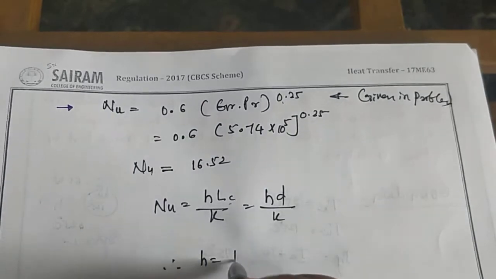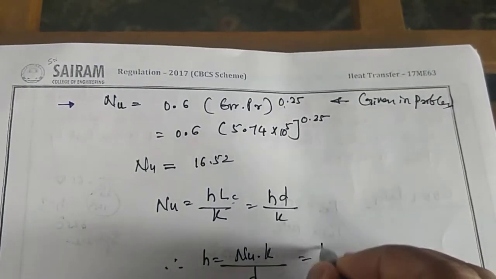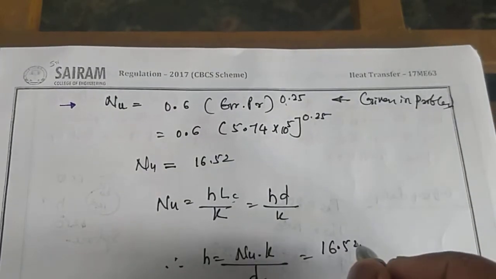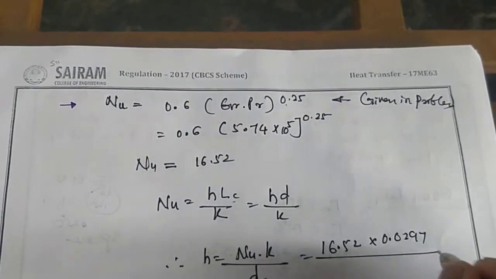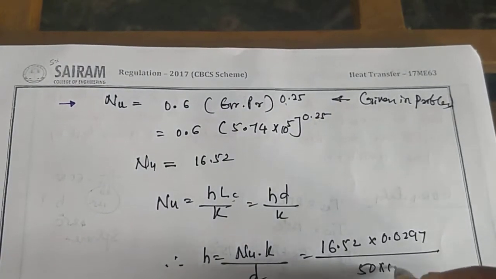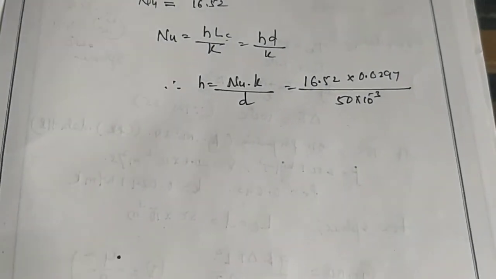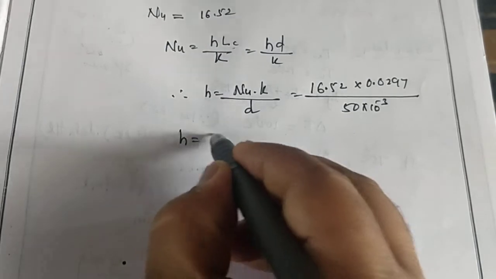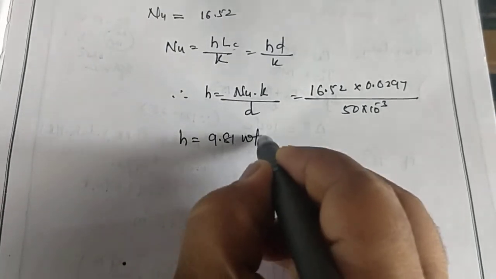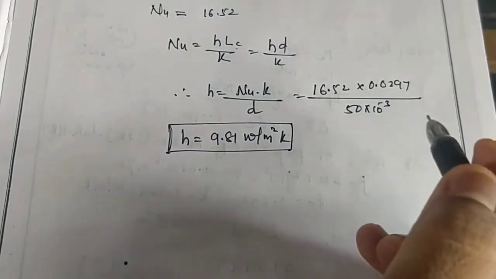Therefore h is equal to Nusselt number into k by D. The diameter of the bulb is given: into 0.0297 divided by the diameter, 50 into 10 to the power of minus 3. We have to write it in meters. So h is equal to 9.81 watt per meter square Kelvin. This is the heat transfer coefficient.